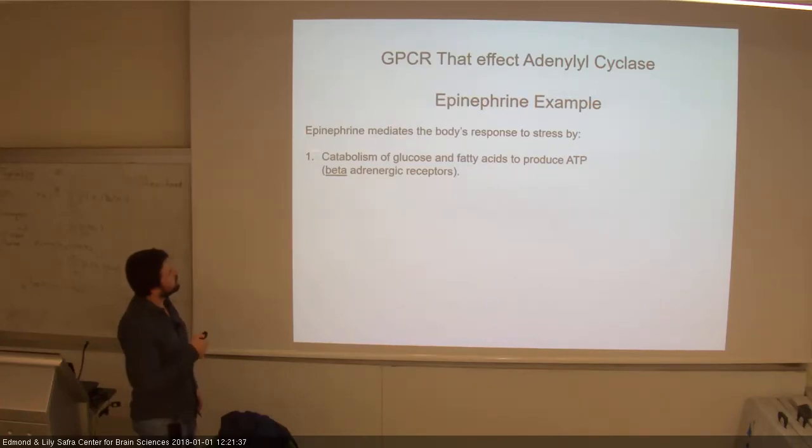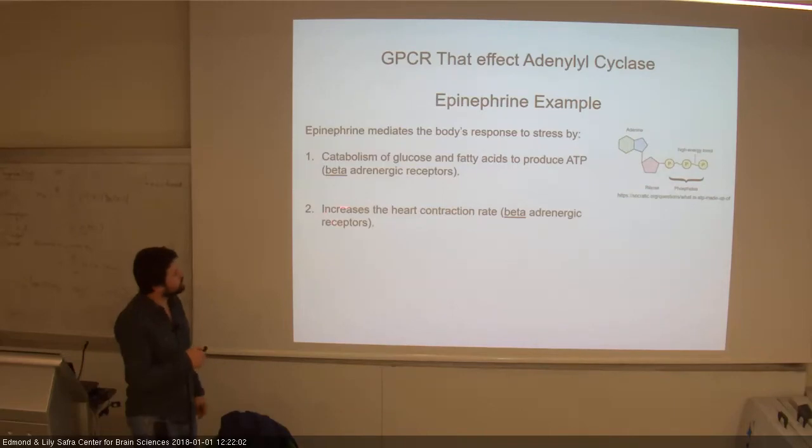So first of all, when the body is stressed, it often releases epinephrine that causes three major responses to this stress. You have increased catabolism of glucose and fatty acids that produce a lot of ATP, and this is modulated by beta-adrenergic receptors. So you have an increase in the levels of ATP.